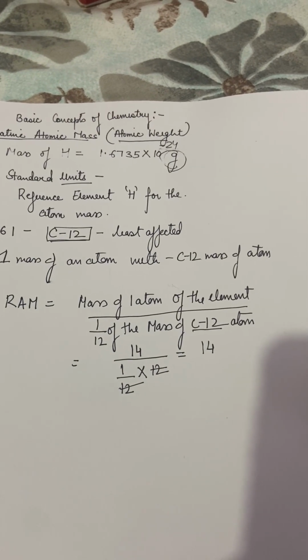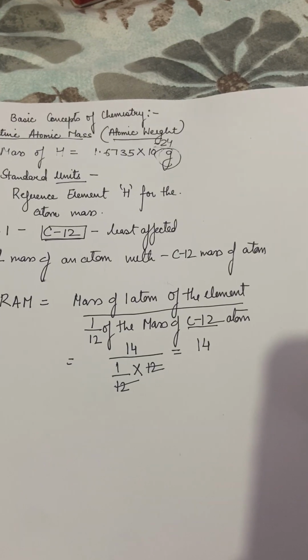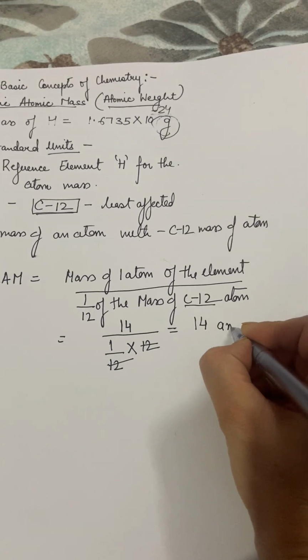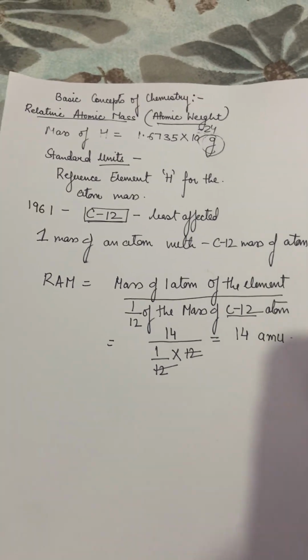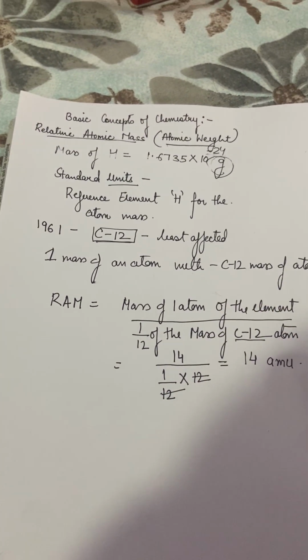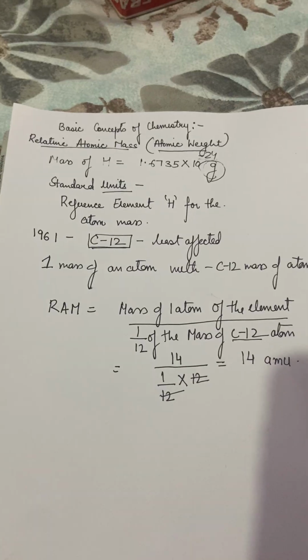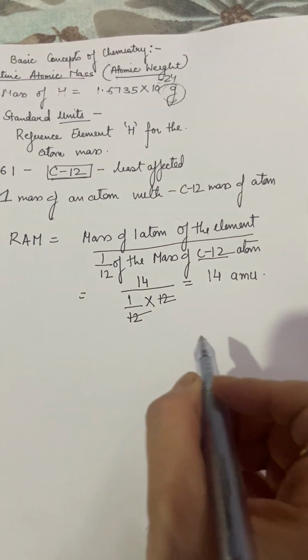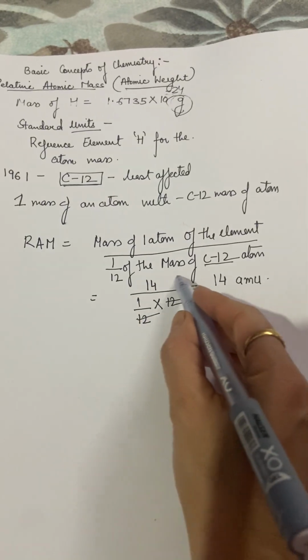Now, another question arises. Will the relative atomic mass not have any unit? No, it will have a unit, and the unit is expressed in AMU. Now, what is this AMU? AMU is the atomic mass unit, and which is defined as the 1/12 of the mass of carbon-12 atom.